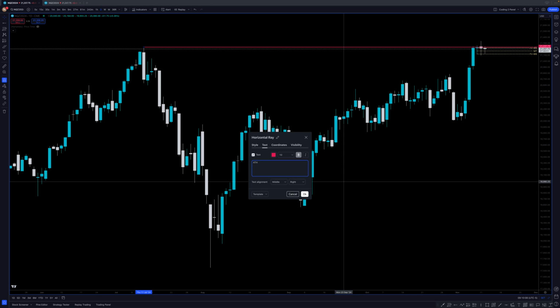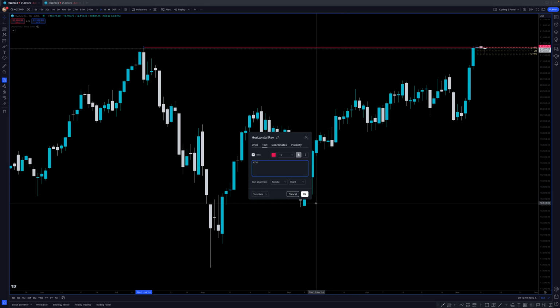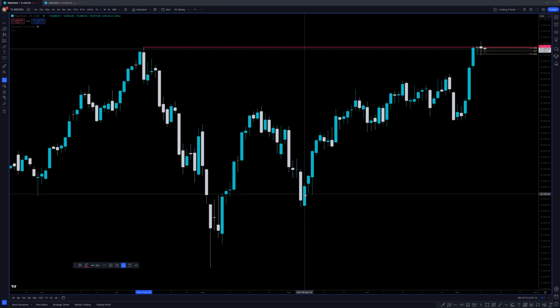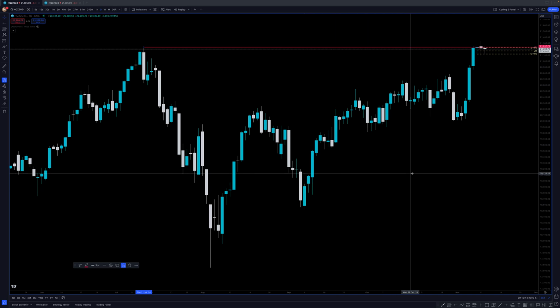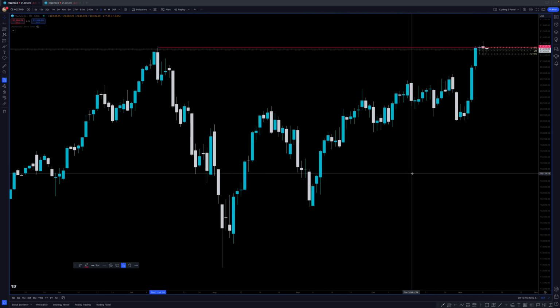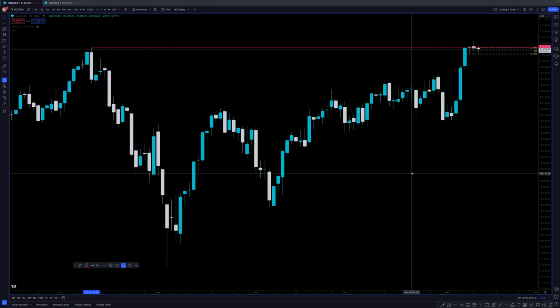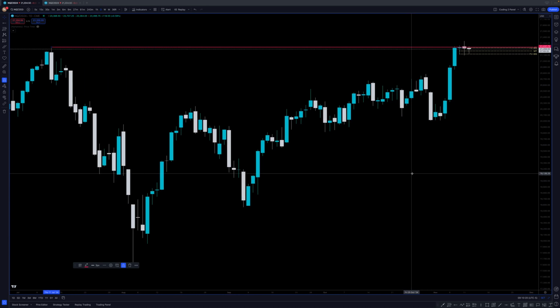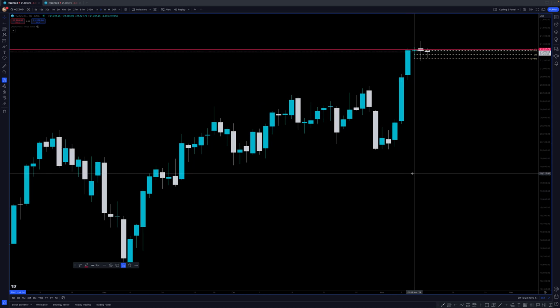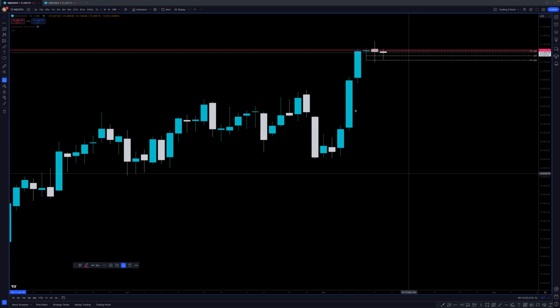Alright, marking out that all-time high. Okay. I'm going to leave that one at 3 picks so I'm able to separate it a little bit. I usually go for 3 picks on most things, but on the daily I use a bigger thickness.